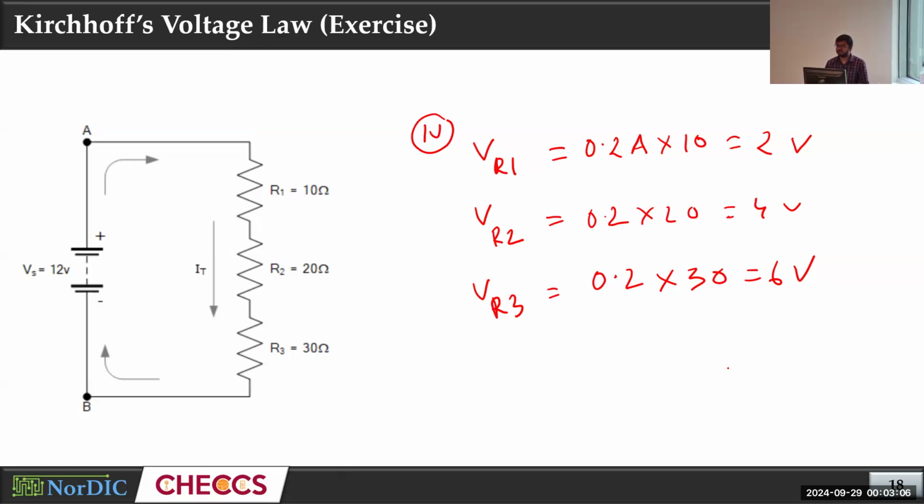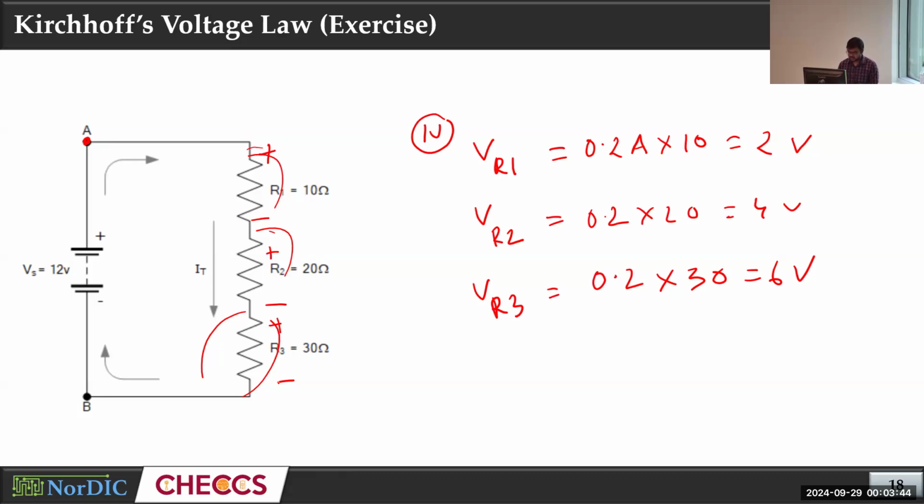So what's the first step to write the KVL? Identify the loops. There is one loop. And do we know all the voltages of these loops? Right now we know the voltage of this resistor and this resistor. We know all the voltages, so we can just directly apply KVL. For that we need to select a starting point. So let's start from A. If we start from this, we will first see this resistor, and since we are going in the same direction as the current, all the voltages of these resistors should be positive.